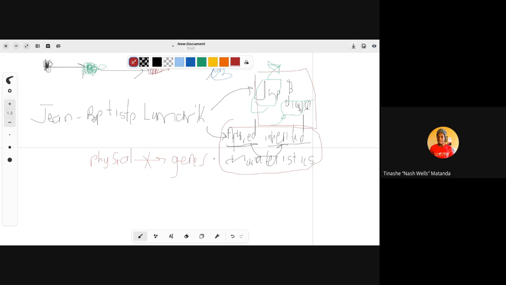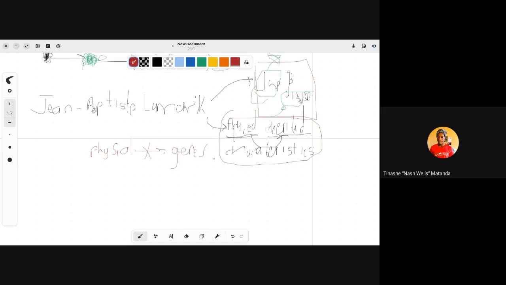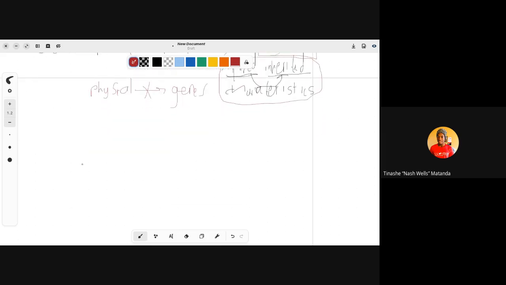So the guy who then came out and rejected these theories, his name was Charles Darwin. And he's still fighting till today, even though he's dead. When it comes to Charles Darwin, you have to know his history in short. Charles Darwin was somewhere in Europe, on the coast.